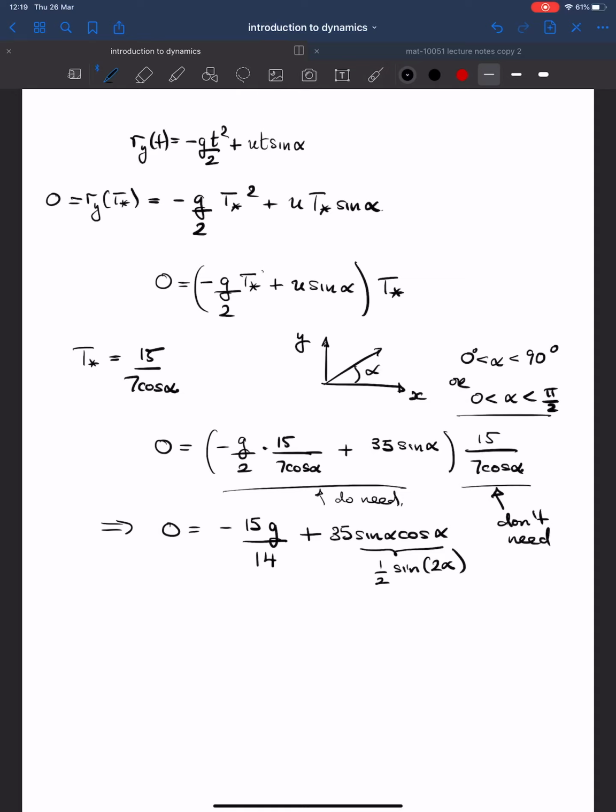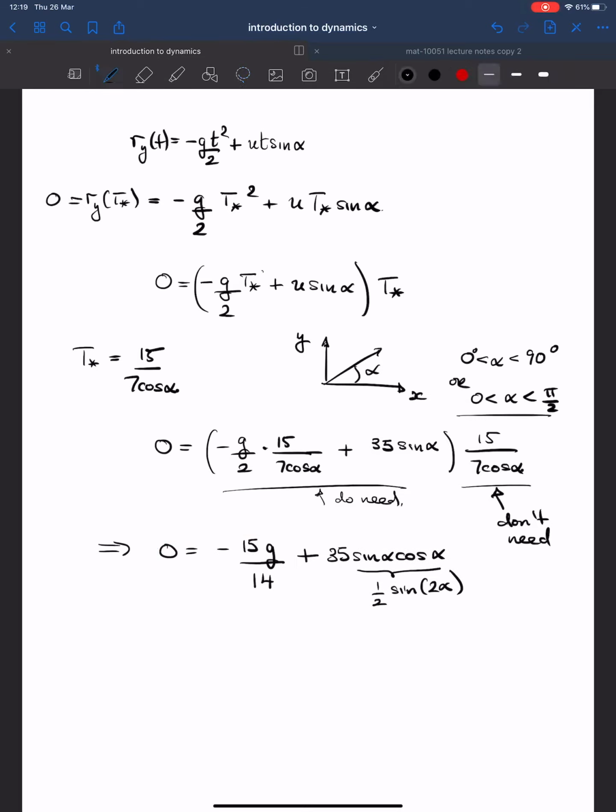Let me just move this down. What we have is effectively the following equation: 30g over 14. So what I've done is multiply both sides by 2. I should also divide by 35. Let me tidy this up a bit.